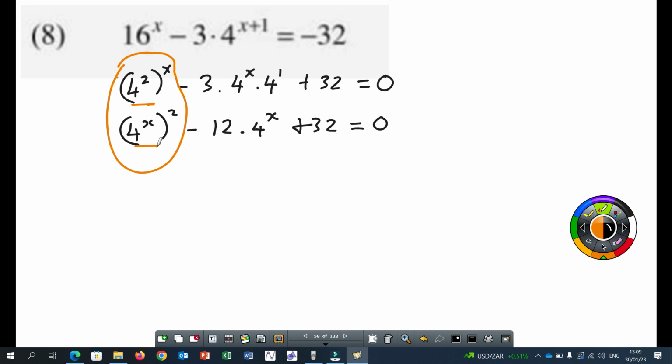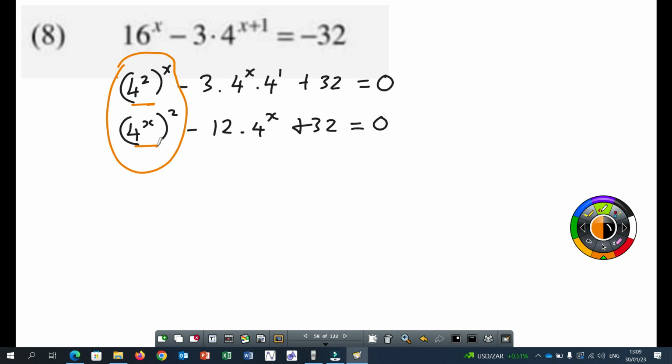As long as the exponent 2 is inside the bracket, you can't get a quadratic equation. So you have to take it outside. So then you take the x inside, then you can create a quadratic equation. Are you following? Yes.